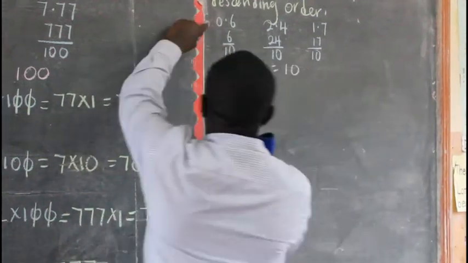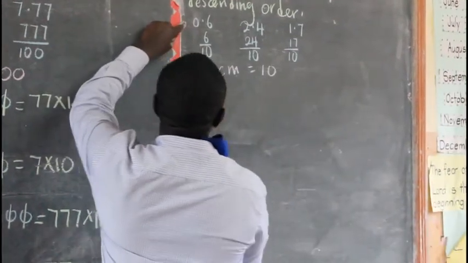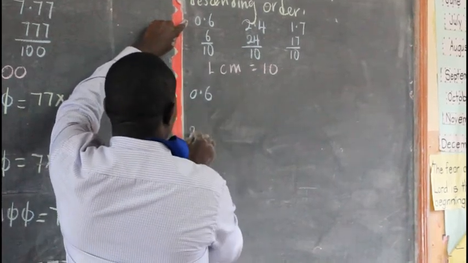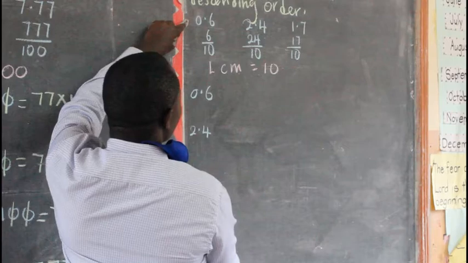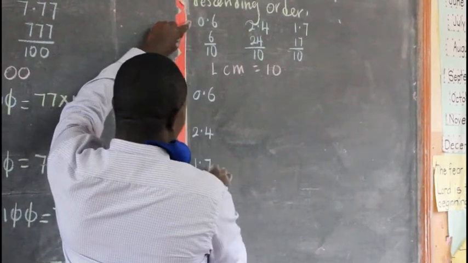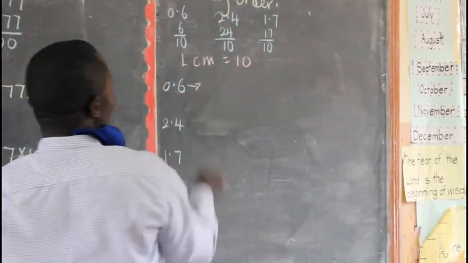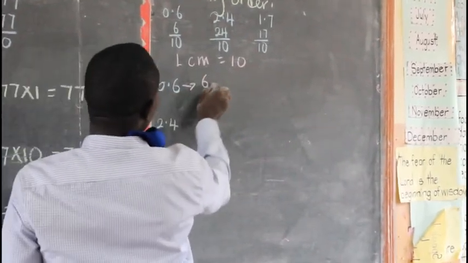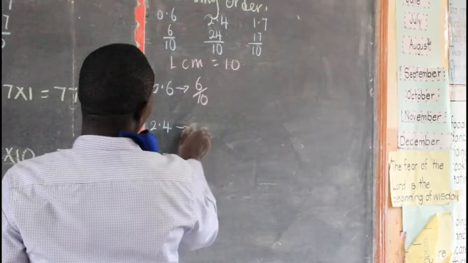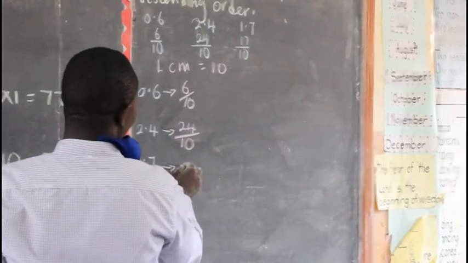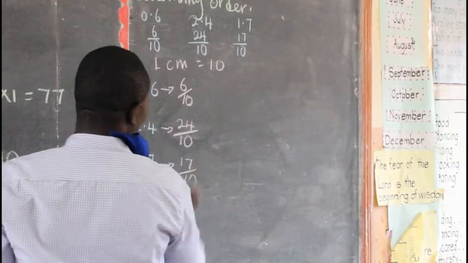Then we bring this 0.6, 2.4, 1.7. Write as common fractions here. This one we have seen it is 6 out of 10. Then this one is 24 out of 10. Then this one is 17 out of 10.